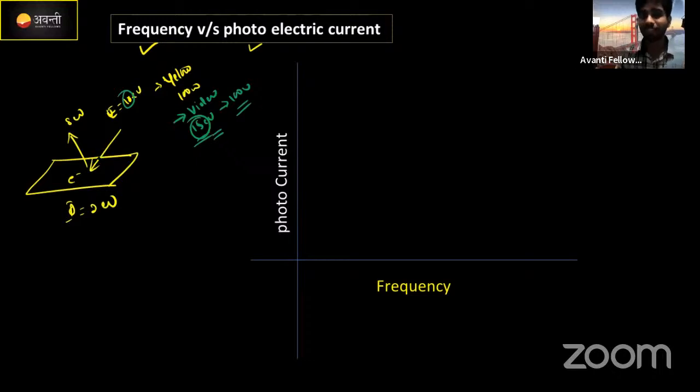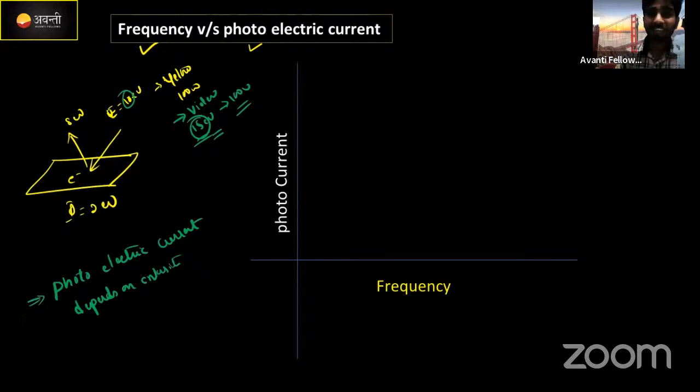Kinetic energy will increase, but the photoelectric current will be the same, because photoelectric current depends on intensity, not on the frequency or energy.